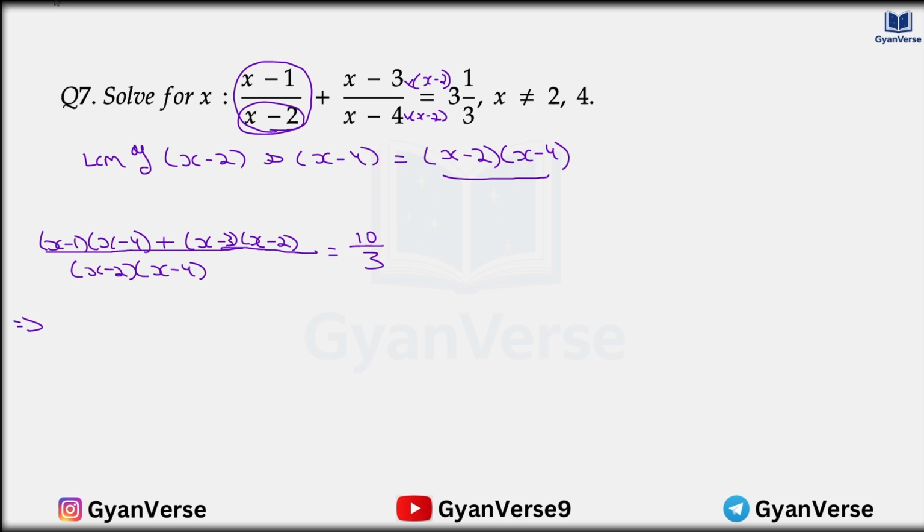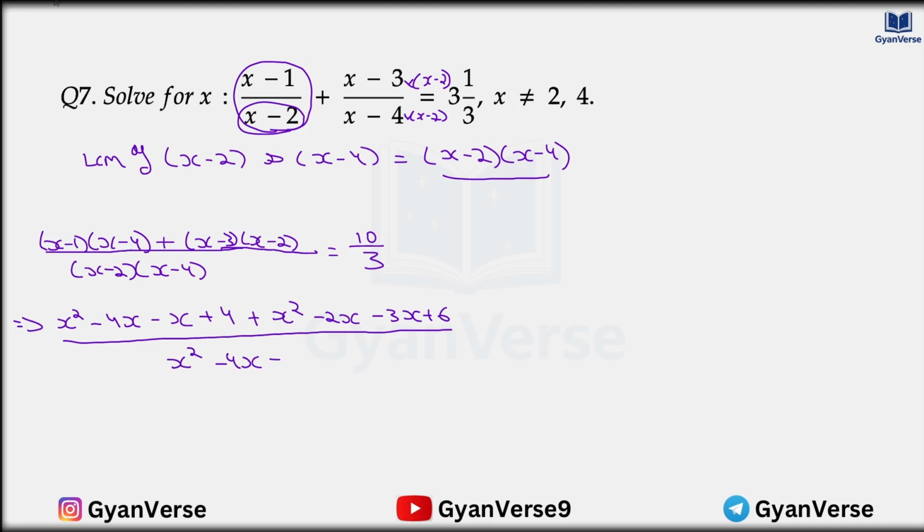Now just solve this. It will become x square minus 4x minus x plus 4 plus x square minus 2x minus 3x plus 6. Denominator will become x square minus 4x minus 2x plus 8 equal to 10 upon 3. Now you will add x square and x square, it will become 2x square.